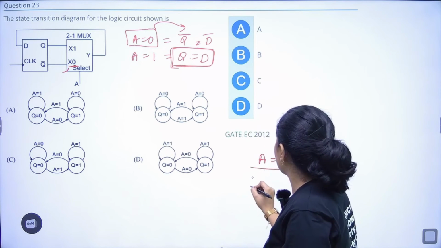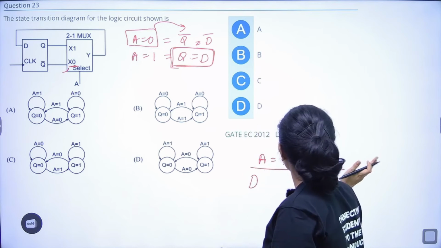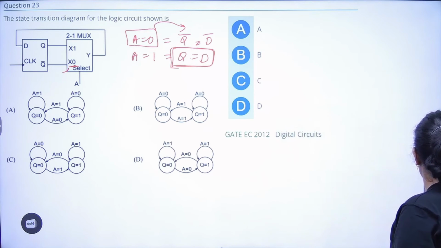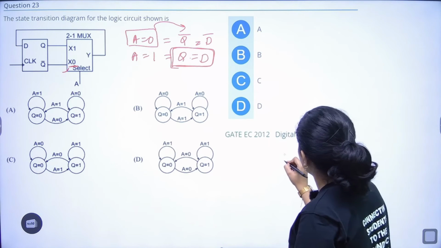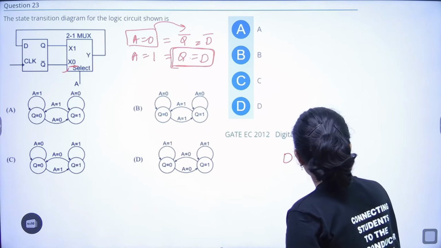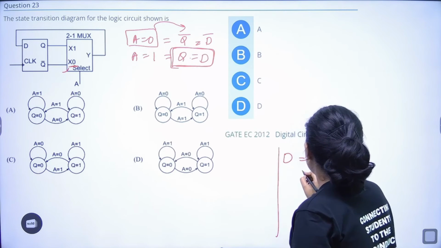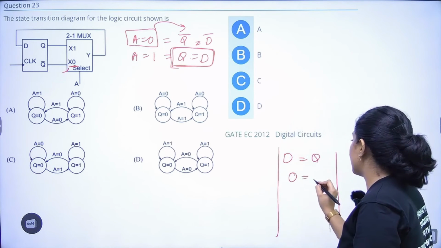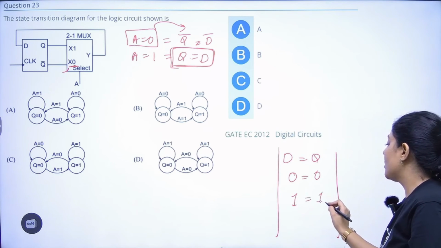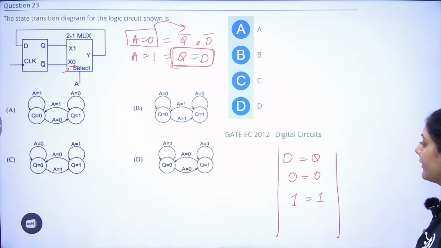So suppose D is equal to Q, let me write it properly. So when D is equal to 0, Q is also equal to 0. And when D is equal to 1, Q is also equal to 1, right?